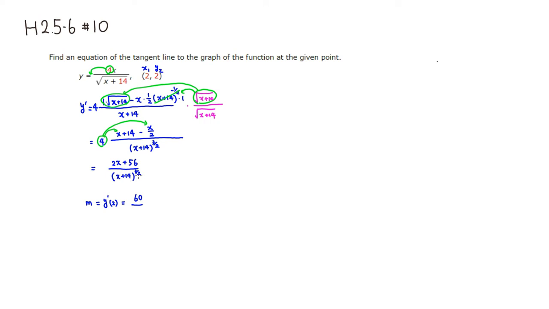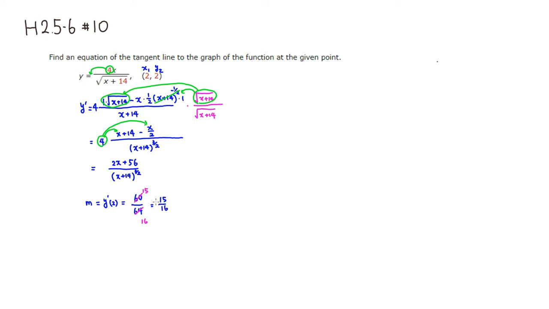The 1/2 power is the square root, which is 4, and raising it to the 3rd power gives 64. This can be simplified too, since it's a multiple of 4, divided by 4, so it's 15 over 16.